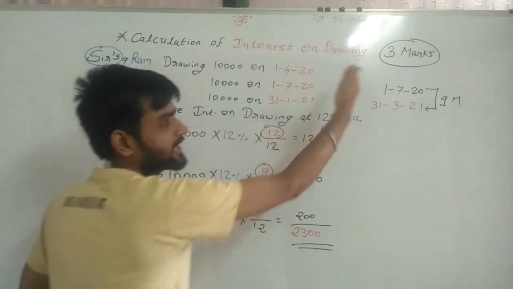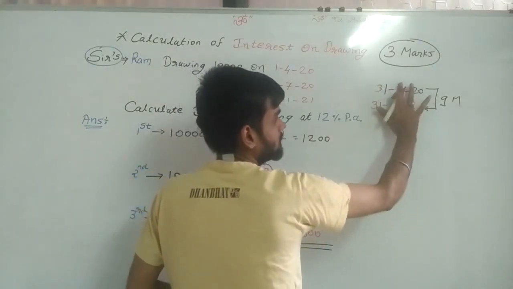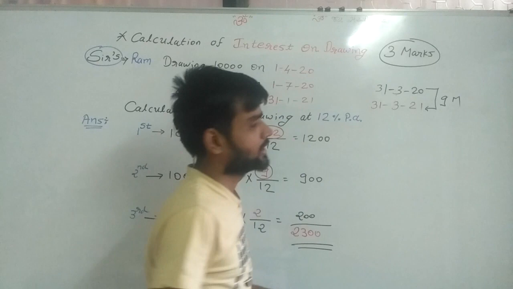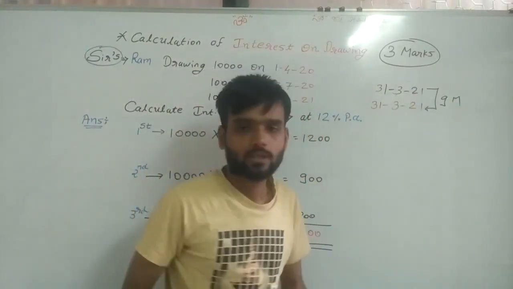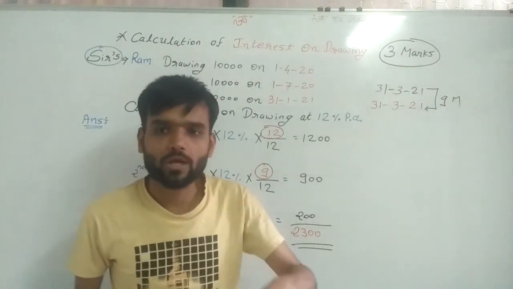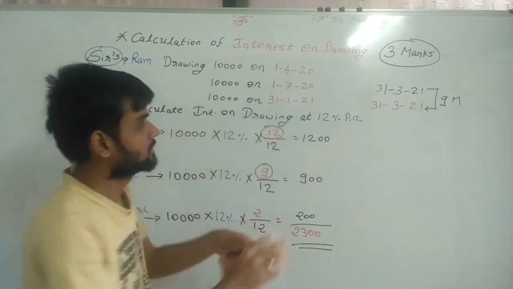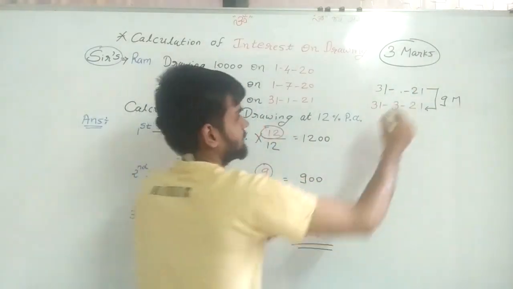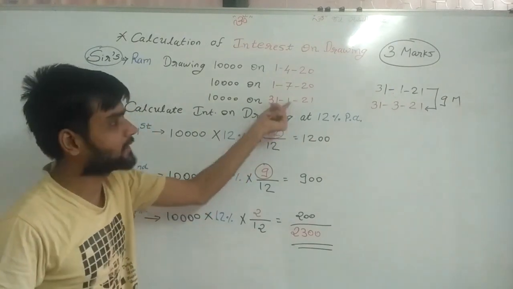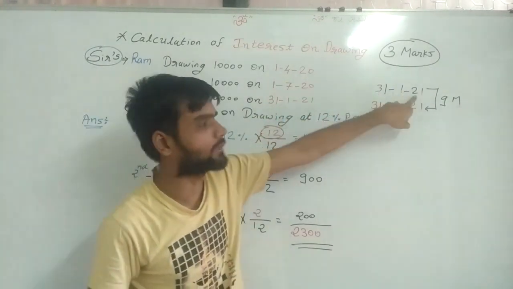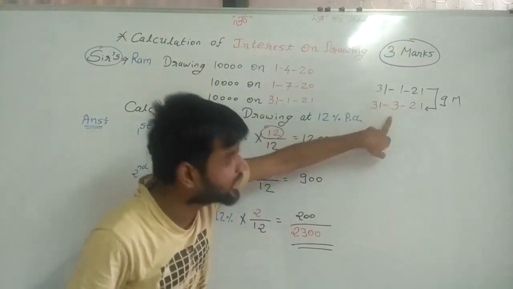Now again I am writing the date here: drawing is done on 31/1/21. So we write 31/1/21 to the year ending date, 31/3/21.